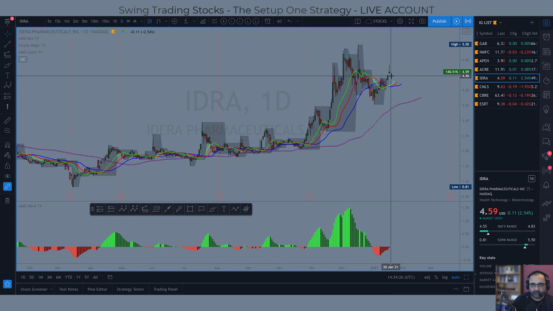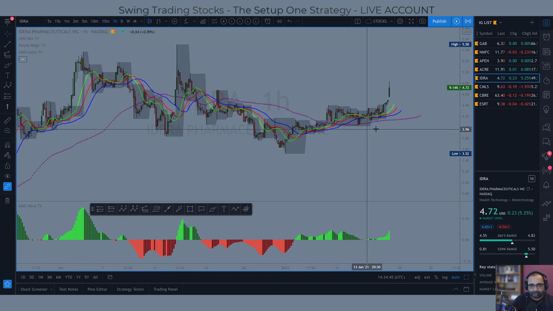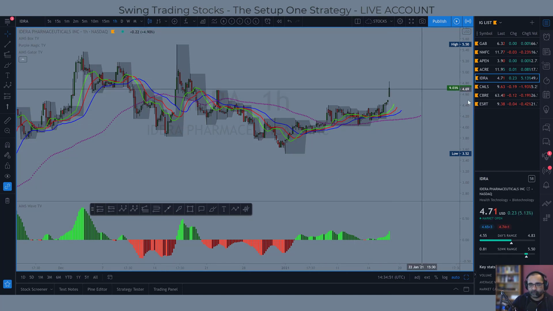And it would have opened at 454, and it went to 480 already. Right? So this one is obviously now gone, but it's moving pretty nicely. It's getting volume, very low volume, but it's going.